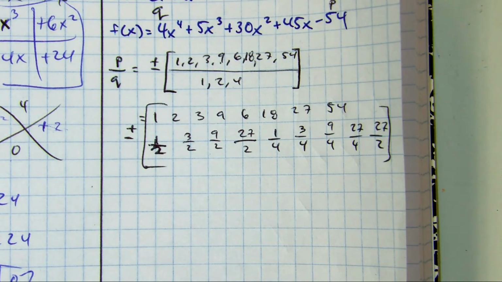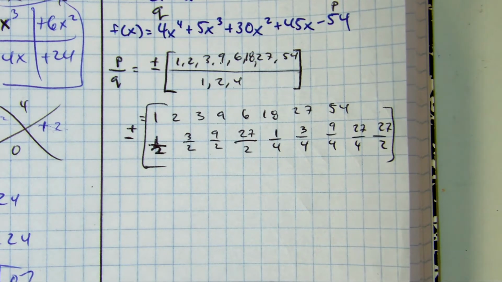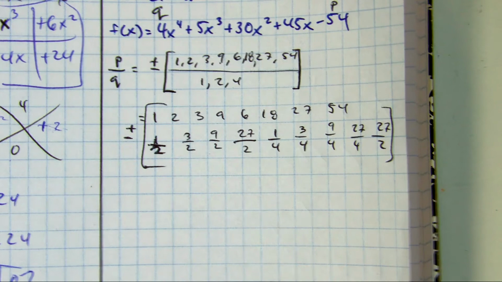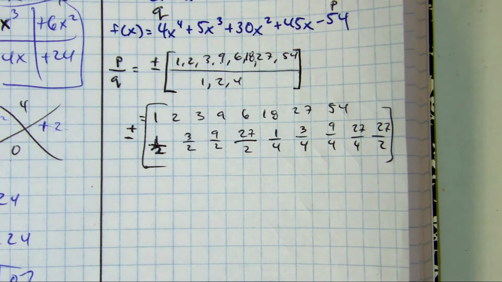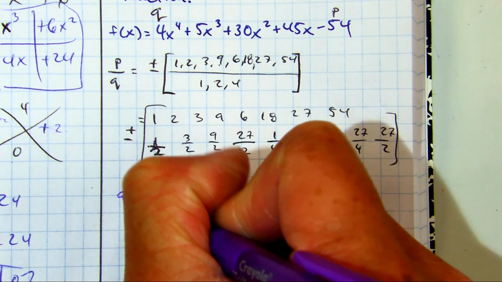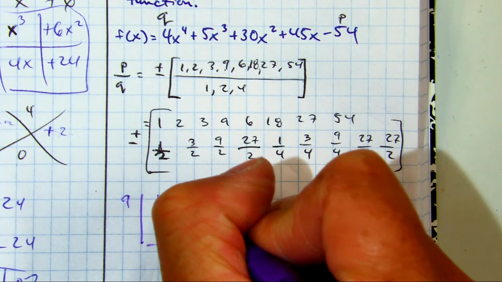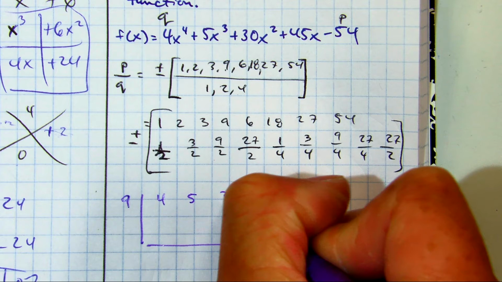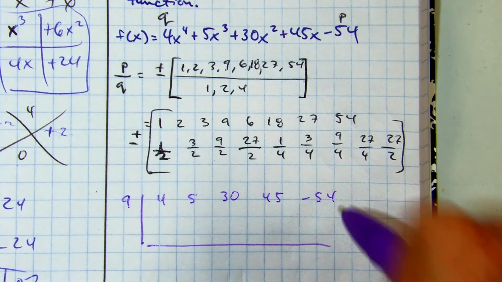Diana, what number did you pick? Nine? Positive or negative? Diana, tell me what numbers are right. Alright, Diana, do it.